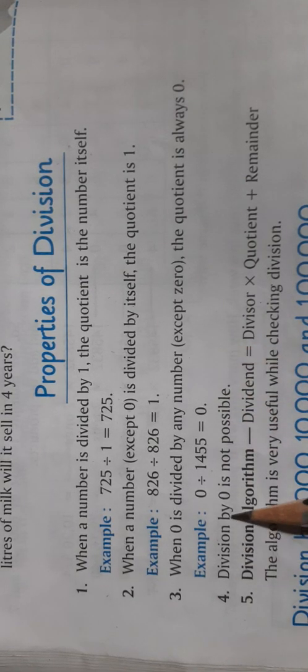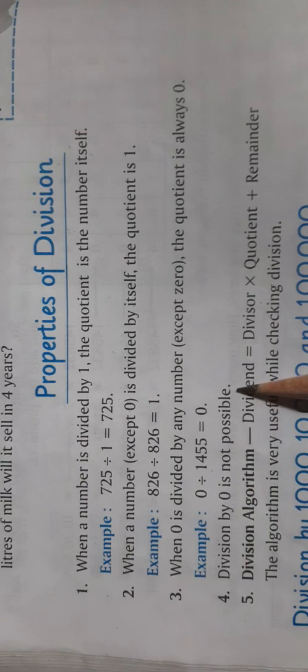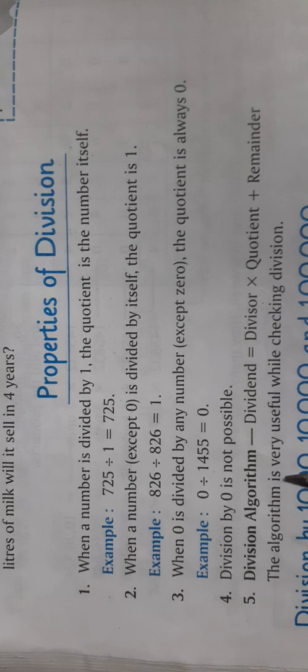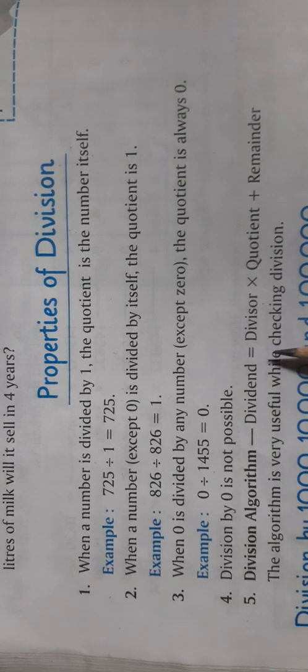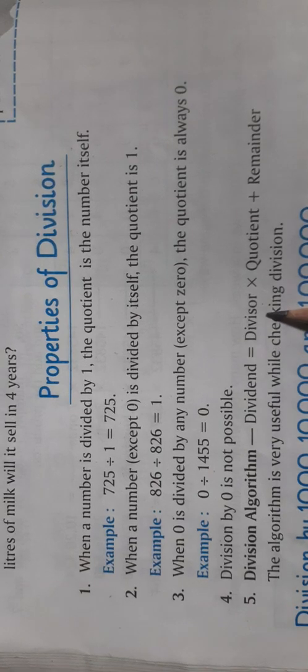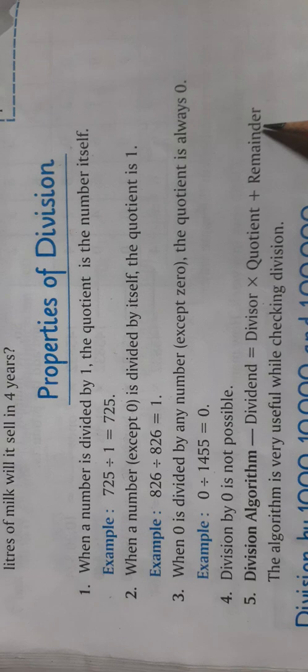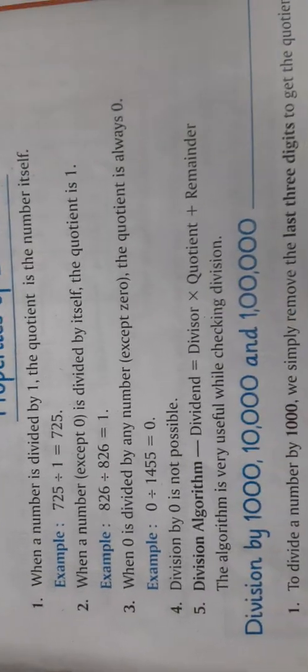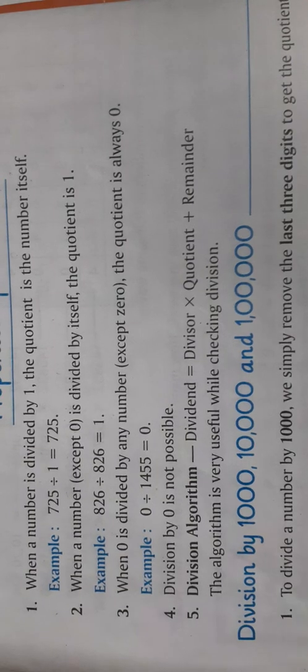Remember students, division by 0 is not possible. So the division algorithm is: dividend is equal to divisor multiplied by quotient plus remainder. Students, the algorithm is very useful while checking division.